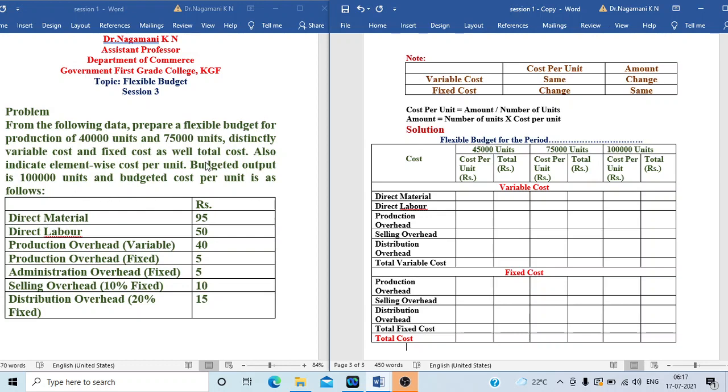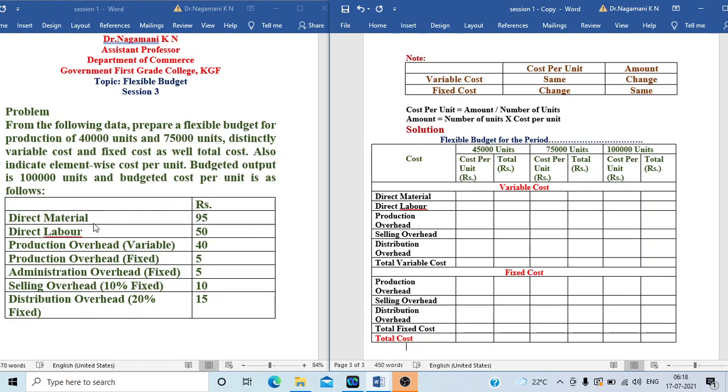For us now budgeted output is given, 1 lakh units, and also the cost per unit is given. So for doing the flexible budget the base information is 1 lakh units. By taking into consideration this 1 lakh units, we have to prepare the flexible budget for 40,000 as well as for 75,000 units. Now for 1 lakh units cost per unit information is given.